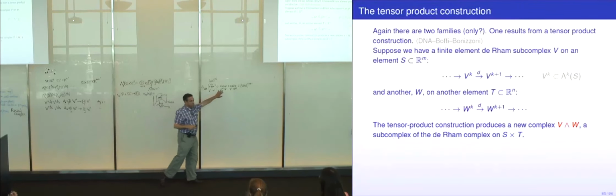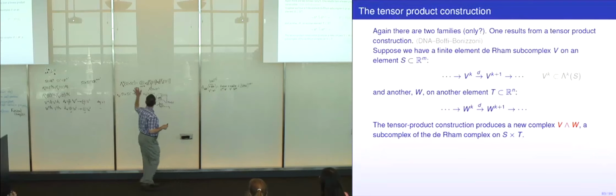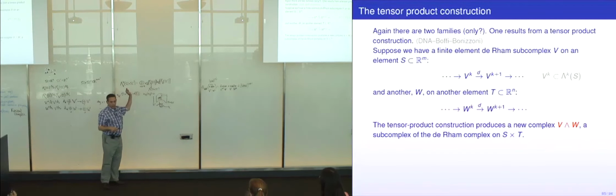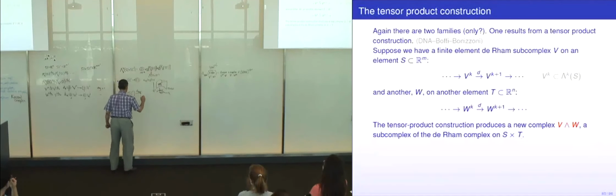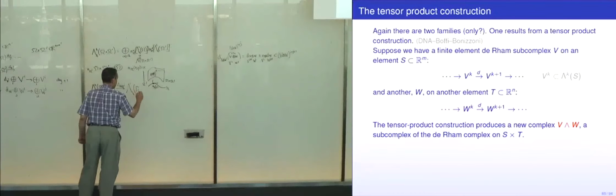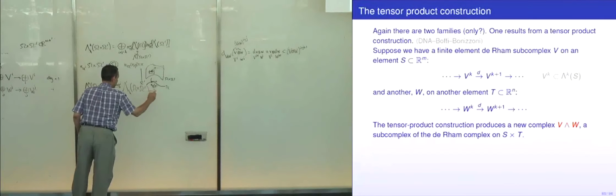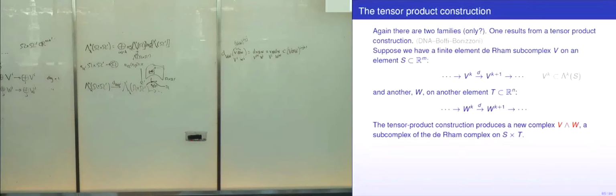This mimics Leibniz's rule, and so the d operator we get is exactly the usual d operator on differential forms here. So now I have a new complex, lambda^0_h of omega cross omega prime, by the d on omega cross omega prime to lambda^1_h of omega cross omega prime, etc. So let's go to the examples and make it a little bit clearer.